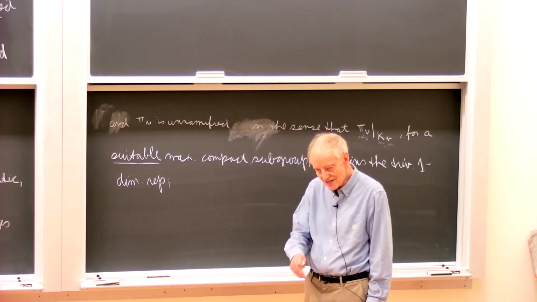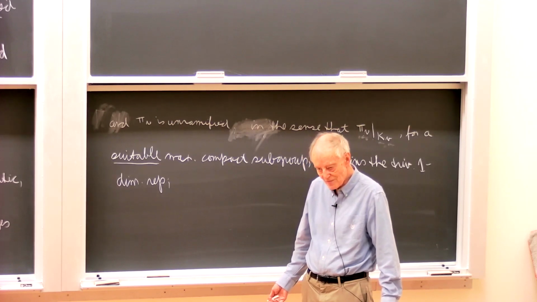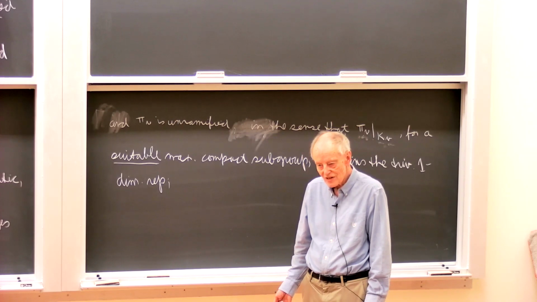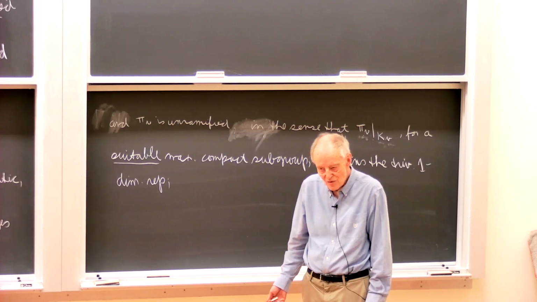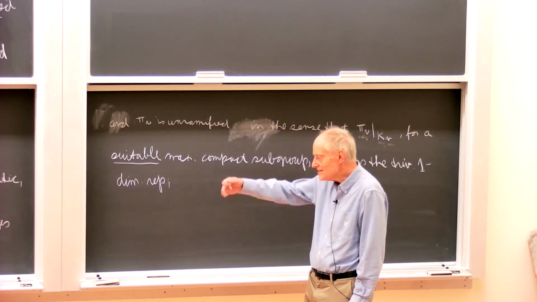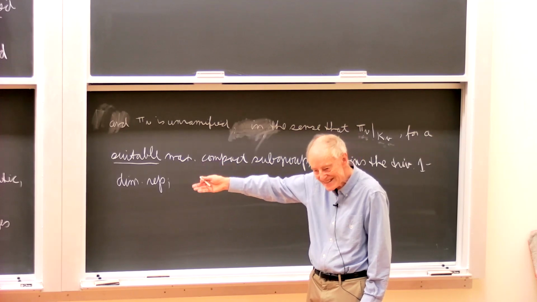Now, for a general split group, you have to take what's called a special maximal compact. There are maximal compact subgroups that don't have that property. And for a quasi-split group, you have to take one that's called hyperspecial.